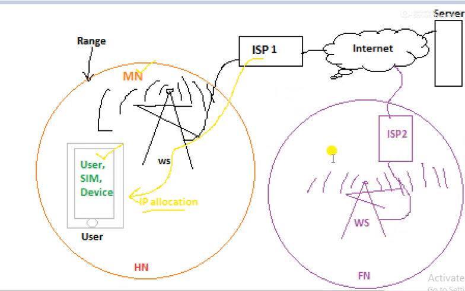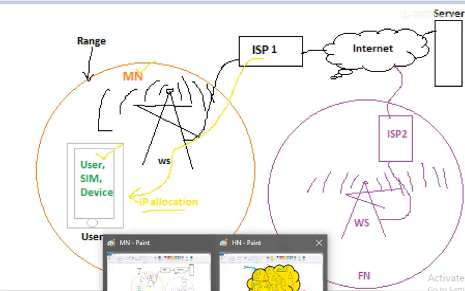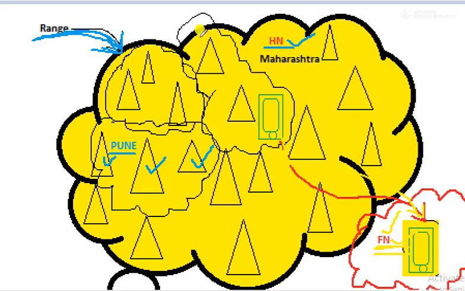So I hope the diagram is completed now. Again, consider the same scenario. Right now this is your home network, the user is available here, and this is the range of your home network.